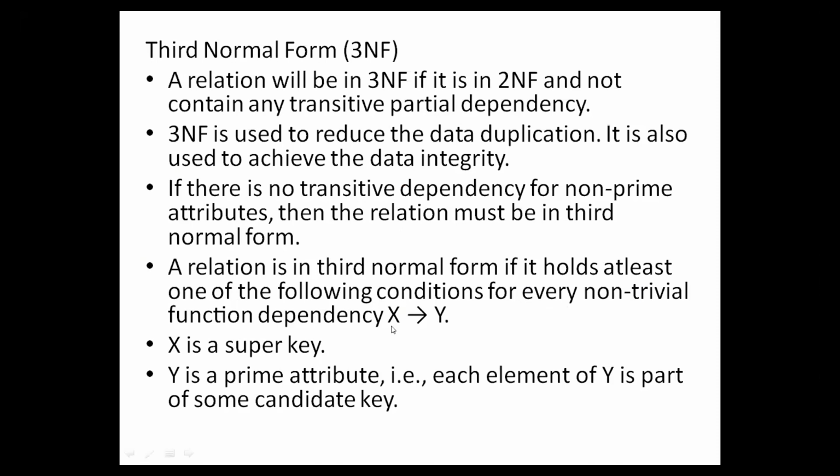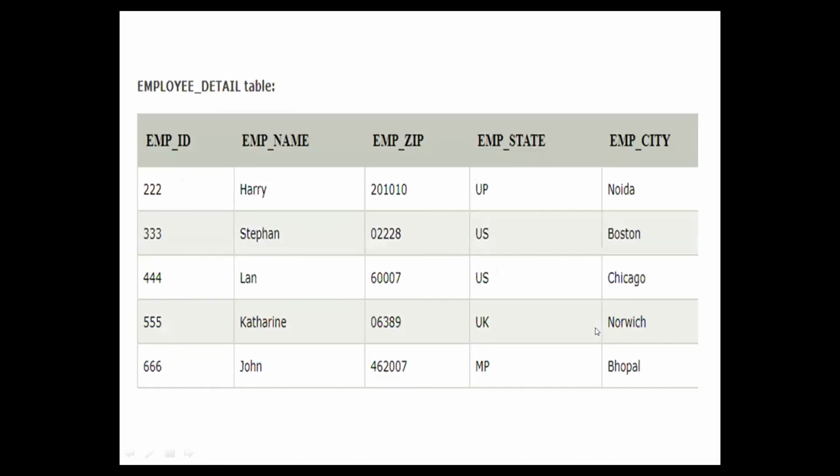So you say that when X determines Y, X is a super key or Y is a prime attribute. When Y is a prime attribute, then Y is also some kind of candidate key, right? This is what we have studied there. So employee detail, this is your table.